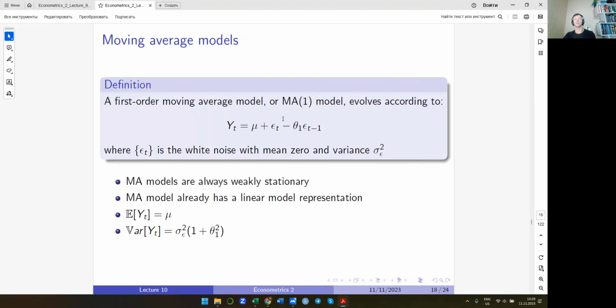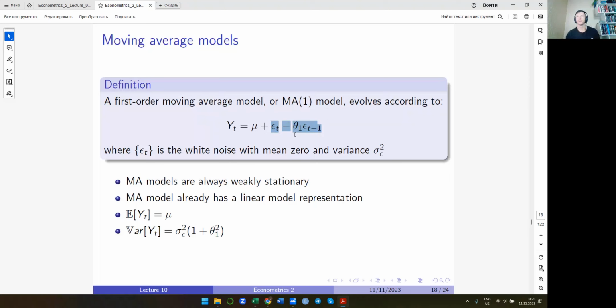But let's inspect how to build this variance. This is very simple. The only relevant part is the variance of white noise minus theta 1 times white noise. They are independent because white noise is IID, which means that there is no correlation here. Since there is no correlation, and the variance of a constant is 0, we don't care about mu.